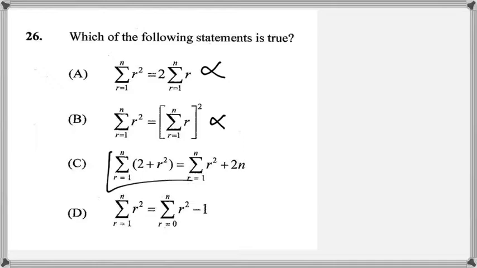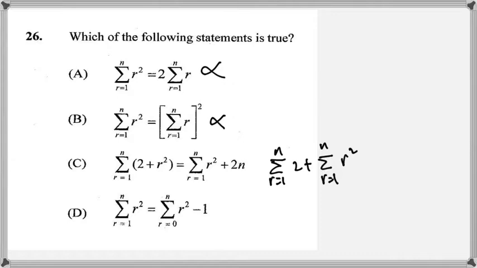Now let's look at this here. By summation rules, you could apply the summation onto each term, onto this and this term. So you could say the summation from r equals 1 to n of 2 plus the sum from r equals 1 to n of r squared.